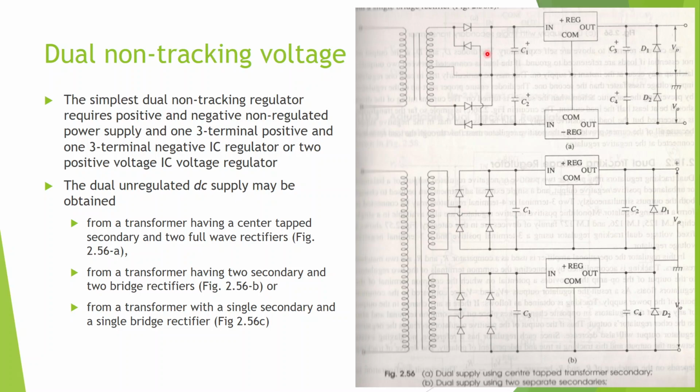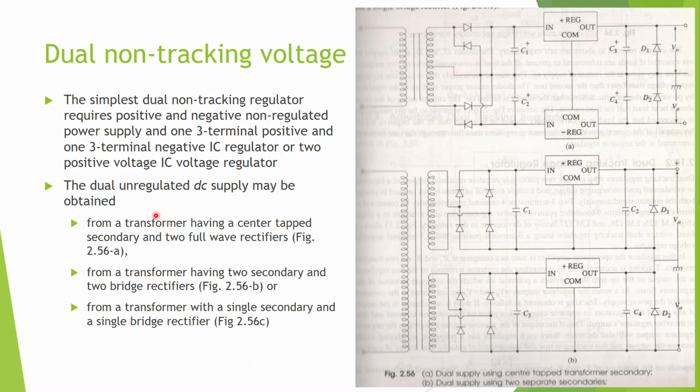Now, the simplest non-tracking regulator requires a positive and a negative unregulated power supply, and one 3-terminal positive regulator and a 3-terminal negative regulator, or it could even use two 3-terminal positive regulators.